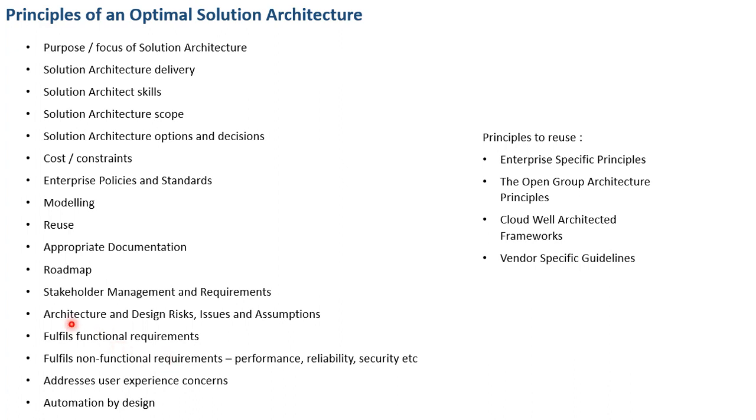There's a whole bunch of concerns you need to address. You need to look at automation. That's the modern world. You should automate as much as feasible, but not necessarily over-automate. But I cover these in a bit more detail in the book, but it's really important to have a view yourself of what you would aim for in terms of an optimal solution architecture.